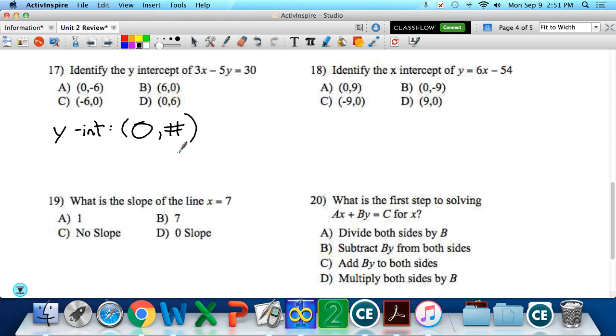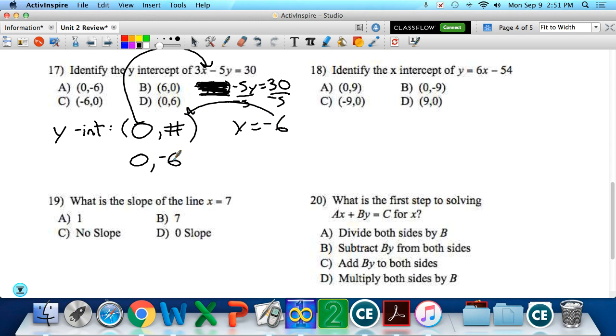If I know that x is 0, I can plug that information in. That is 3 times 0 minus 5y equals 30. In other words, this is why it's called covering it up, that whole piece just goes away. Divide by -5, divide by -5, find that y equals -6, and then I plug it back in here. So I should have 0, -6 as my y-intercept. That would be option A.